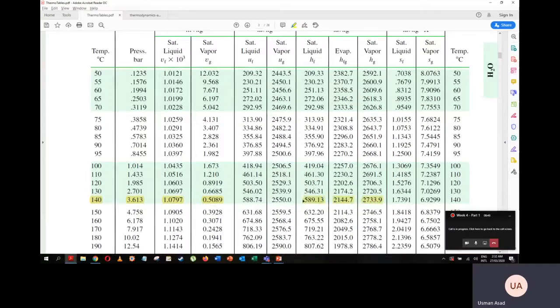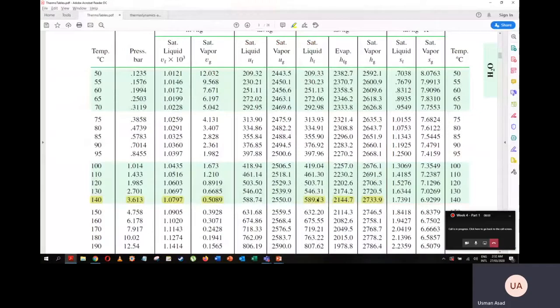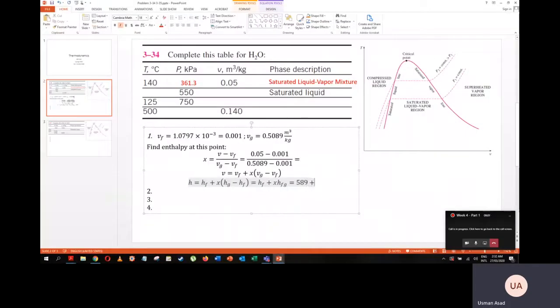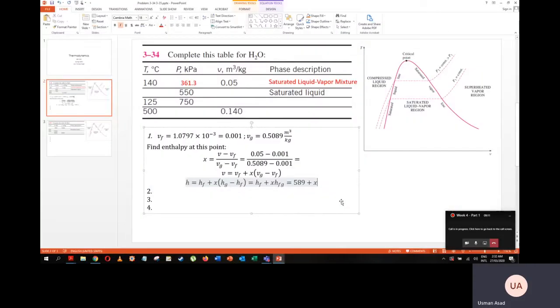These are the values at 140 degrees. So if we had to find h, it would be this 589.13 value right here, plus x multiplied by this hfg, the difference between hg and hf, which is 2144, right?